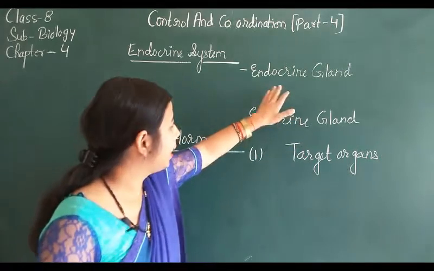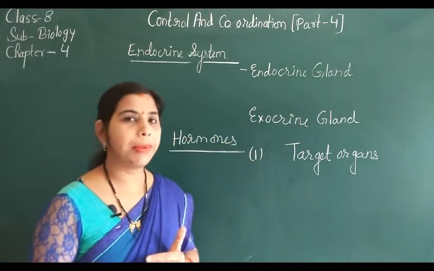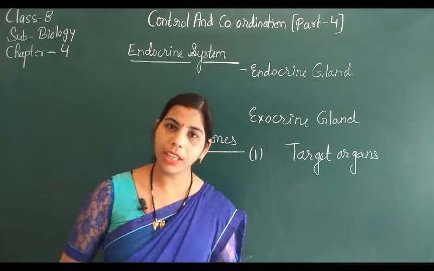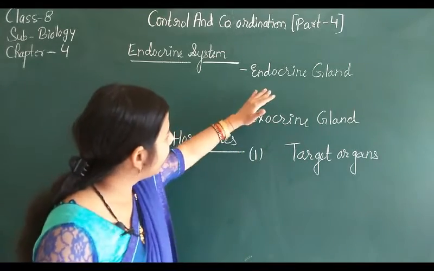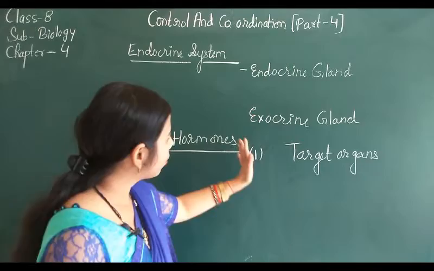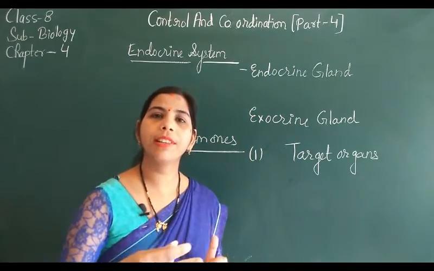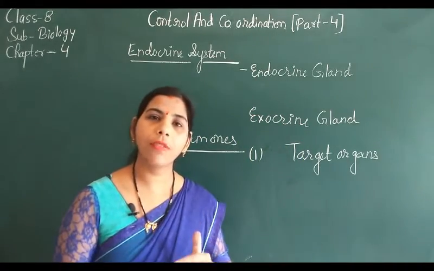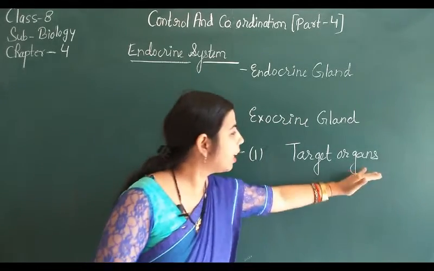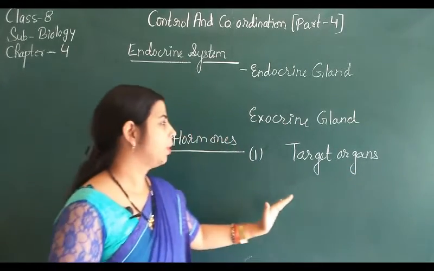So the glands secrete the hormones, the hormones pass through the blood stream and reach the particular organ where they show their effect, and that organ is known as the target organ.